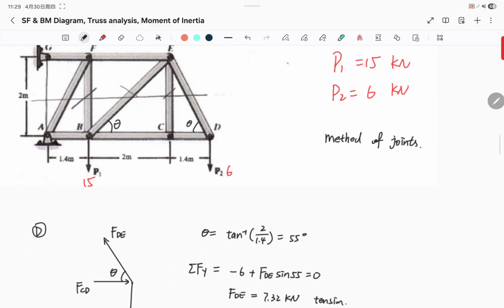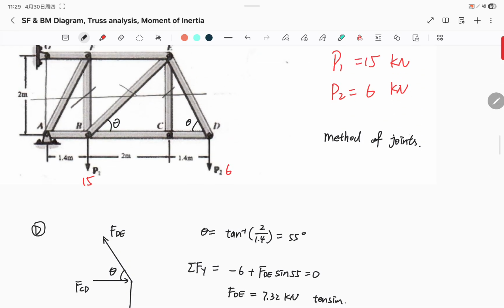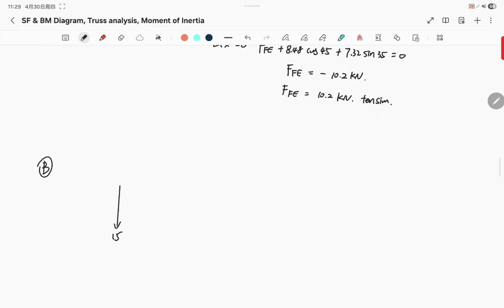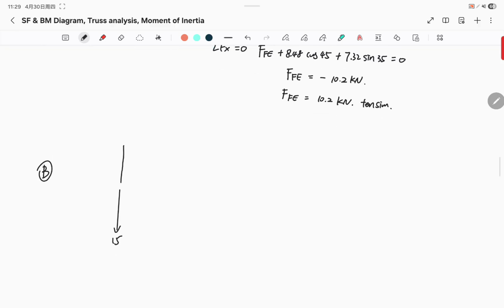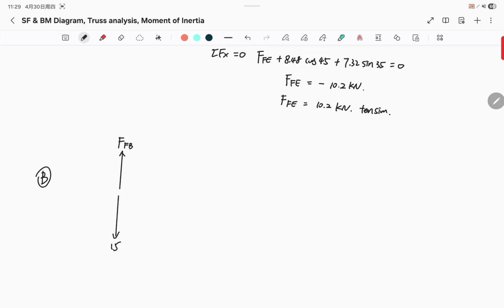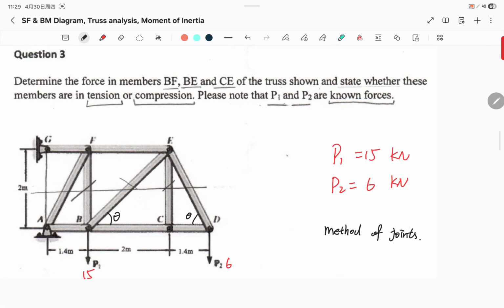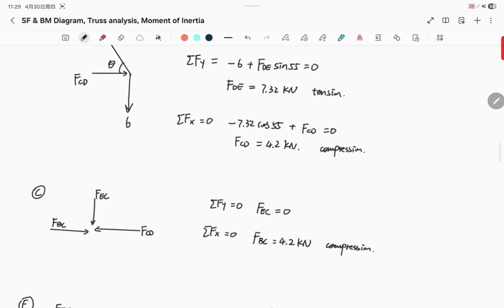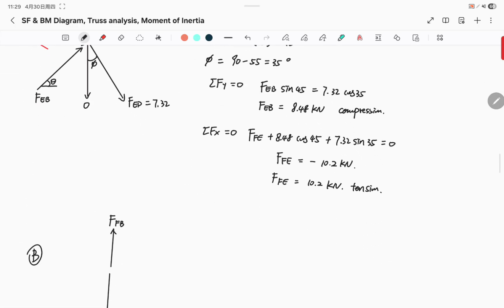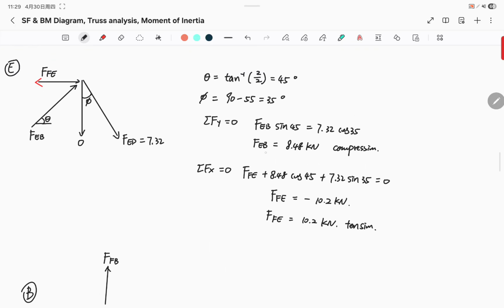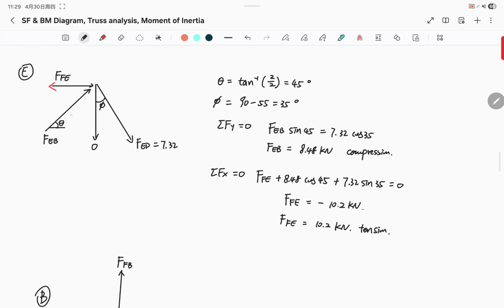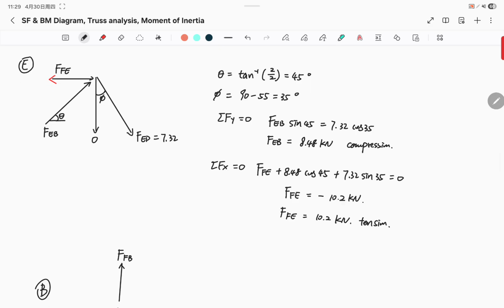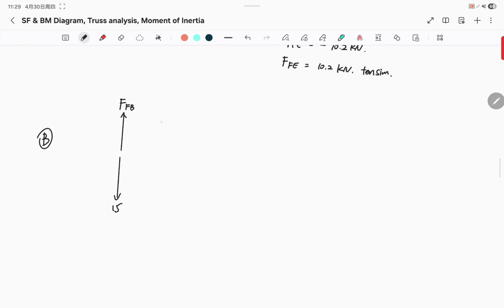And we have FB. Let's draw it upward. We also have EB, we just solved. Where's EB? EB is here, and its direction was in that, so we're gonna flip the direction.